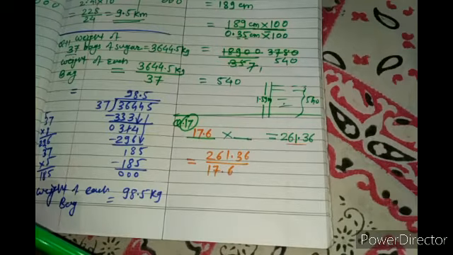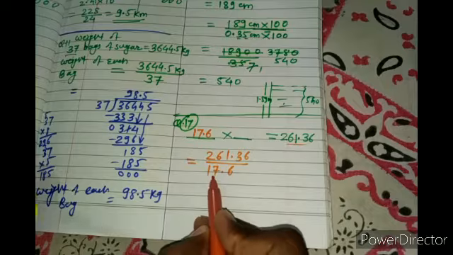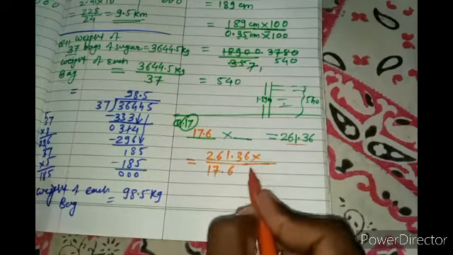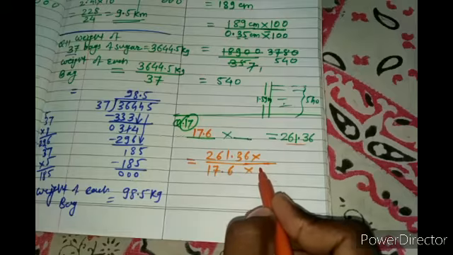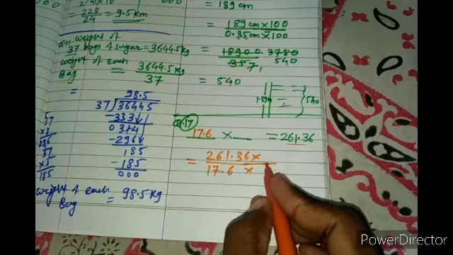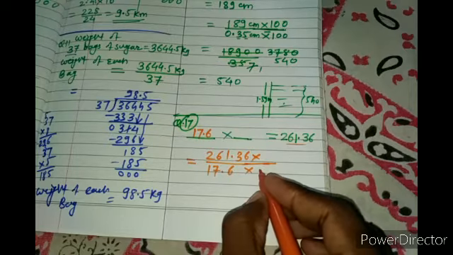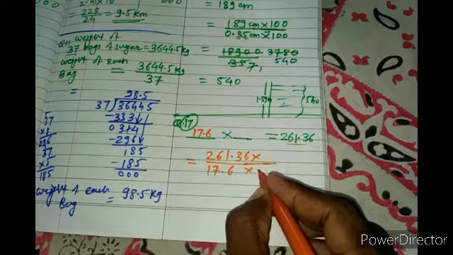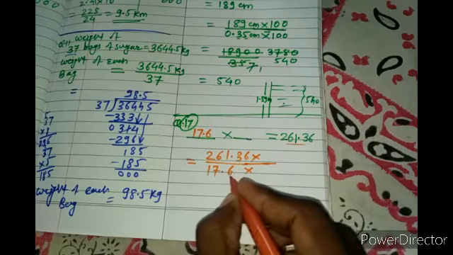So before dividing, we have to make our divisor a whole number. How can we do that? Yes, have you remembered? We make it a whole number by multiplying by a multiple of ten. So 17.6 will get multiplied by 10. Why 10?